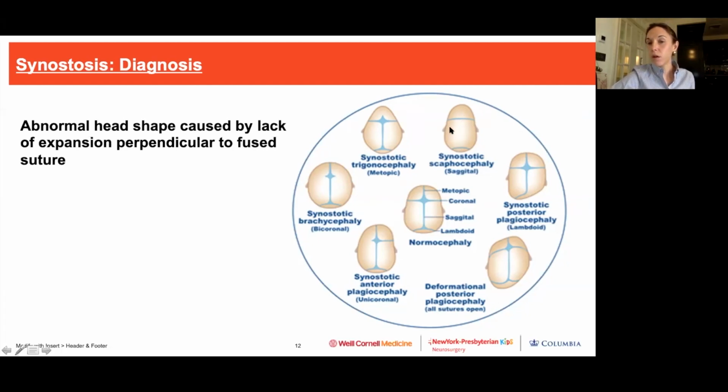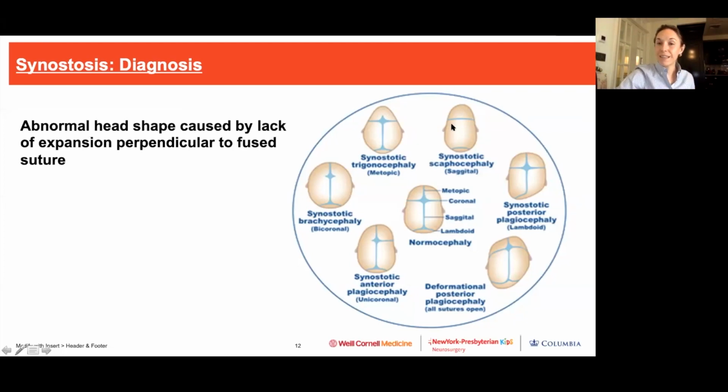That means that the skull cannot grow perpendicular to the fused suture. Does that make sense? Right? So usually, if you have an opening in the bones, that allows for growth perpendicular to that linear opening. So if you're missing the ability to grow perpendicular to that opening, it will cause compensation along the axis of the suture.